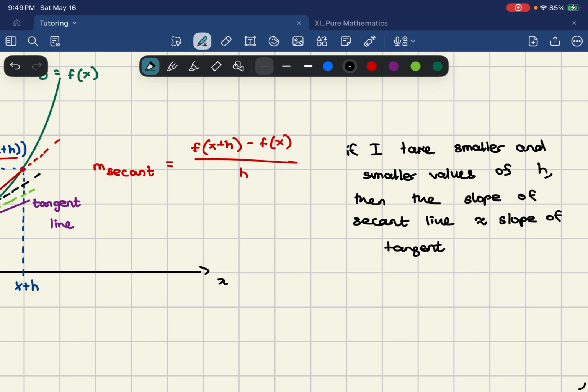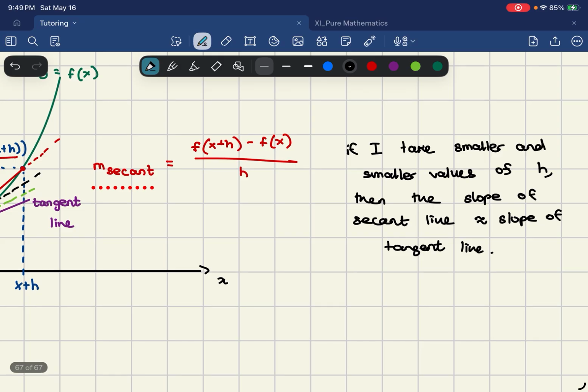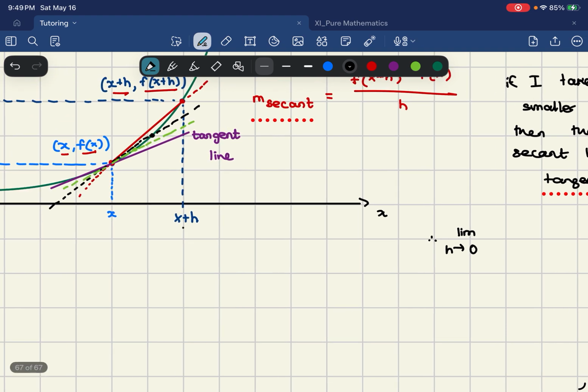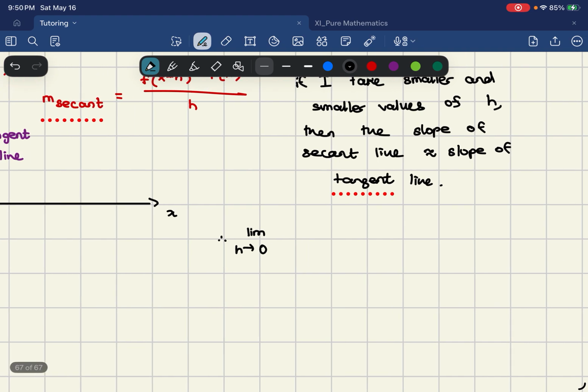And if h is 0, then it's exactly the slope of the tangent line. So therefore, we call this the limit. The idea is that if your h gets closer and closer to 0, then m secant is going to be the slope of your tangent line. The slope of your secant line is going to be the slope of your tangent line.